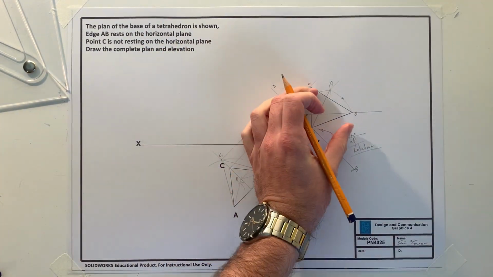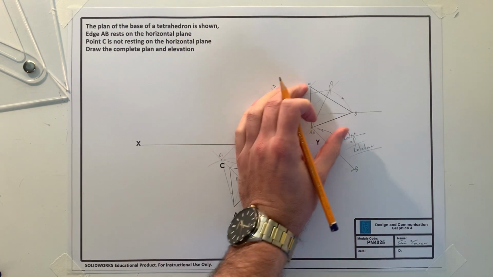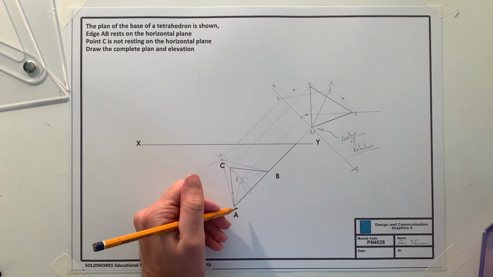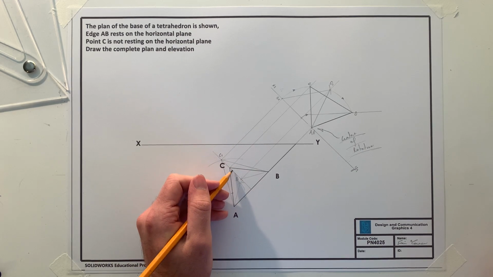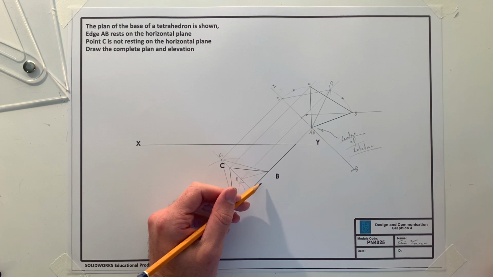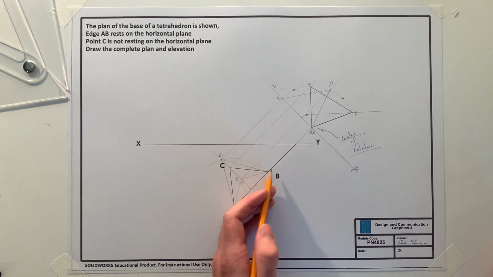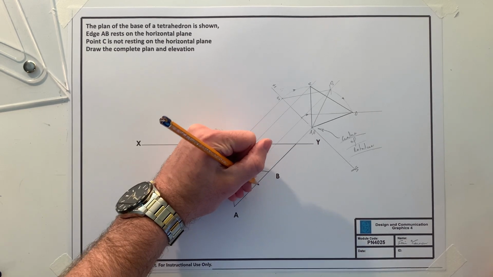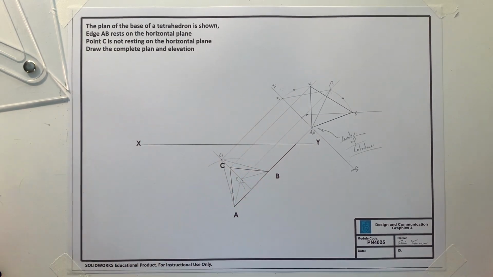Perfect. Now what I can do is I can bring all my points of my tetrahedron in its final location back. Remember, I already have my surface A, B, C. Now again, it's important to remember that some of this is going to be construction. So just because it's put in a bit darker here because it was printed off, ensure that you indicate that what is hidden is supposed to be hidden.